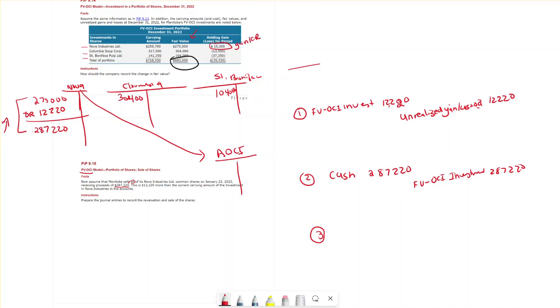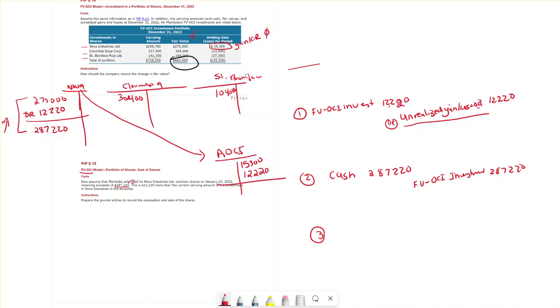How would you make it zero? By debiting that. So when you debit that, I have a value of 15,300 that was sitting there. If now we have an unrealized gain with the Nova again, how will we close that? We debit this account and we credit the 12,200.